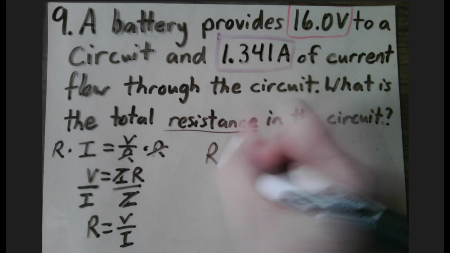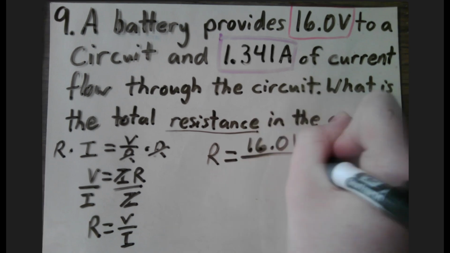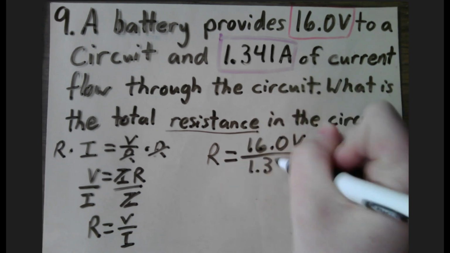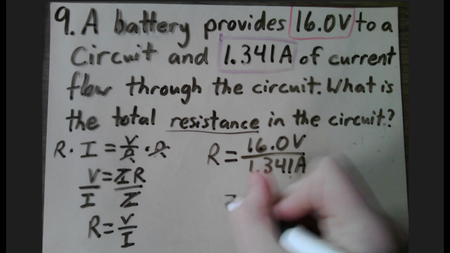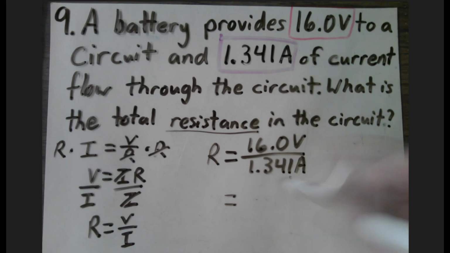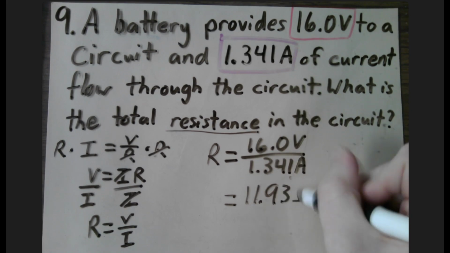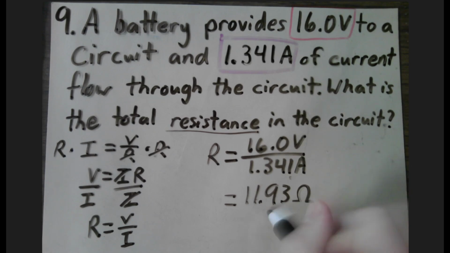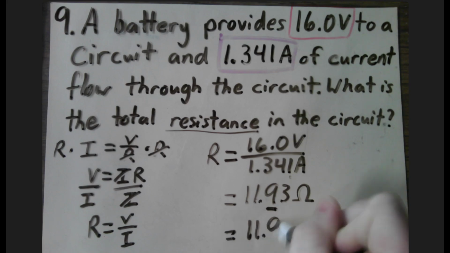So resistance is equal to 16.0 volts over 1.341 amperes. Calculating this all out, our answer is going to be 11.93 ohms, but we got to round to the nearest tenth here, so our answer is 11.9 ohms.